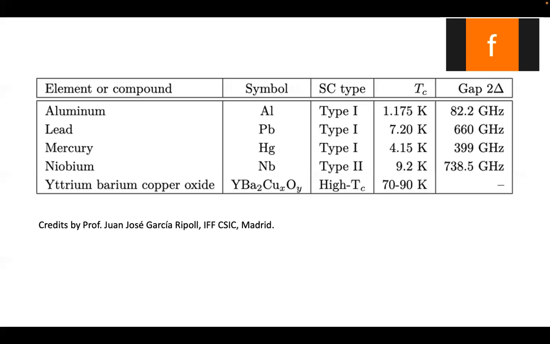So this is why people choose aluminum and niobium. Indeed, most of the superconducting circuits that we will see, for instance junctions, are made of aluminum, oxide of aluminum and aluminum. There's a junction there. For the coplanar waveguide resonators, people use niobium, for instance.